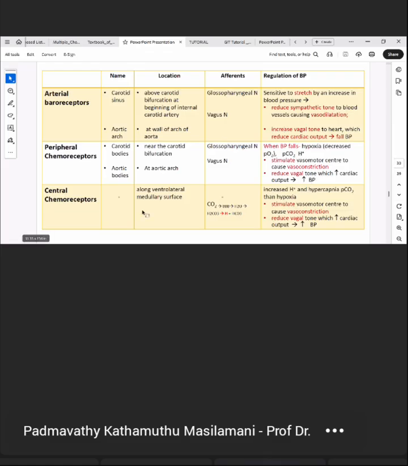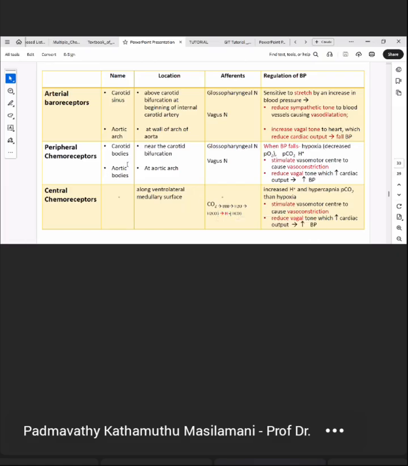So it increases the blood pressure. But central chemoreceptors in the medulla are more sensitive to carbon dioxide, because carbon dioxide easily passes through the blood-brain barrier and forms carbonic acid, which forms the H plus ion. The H plus ion is very stimulatory to the central chemoreceptors, that is, the medullary chemoreceptors.